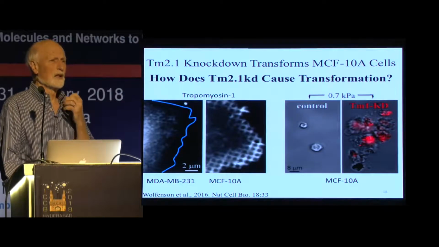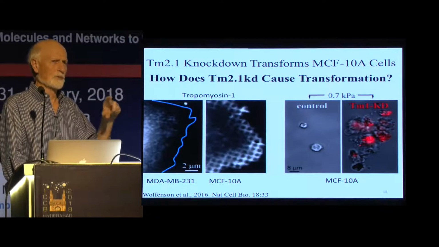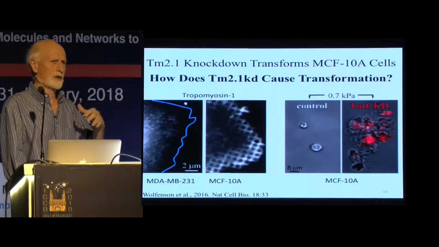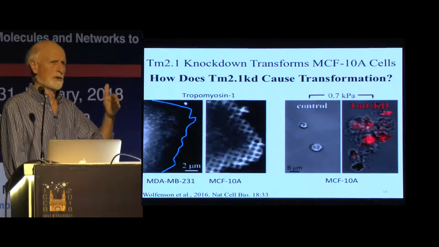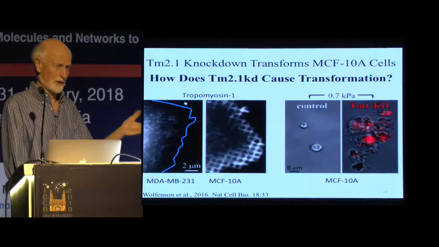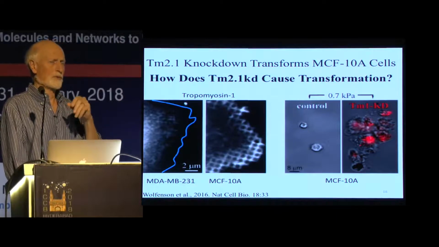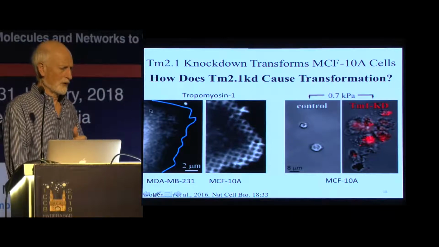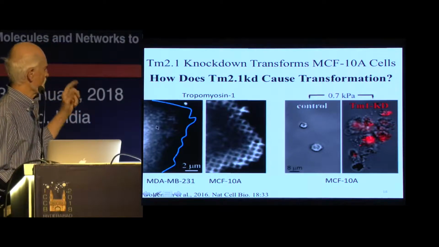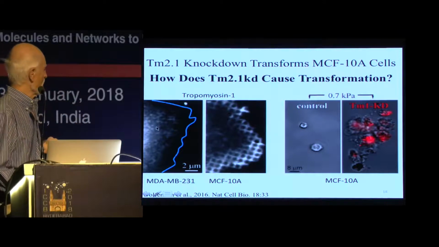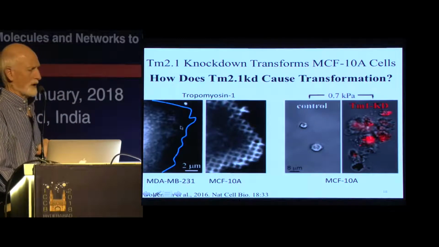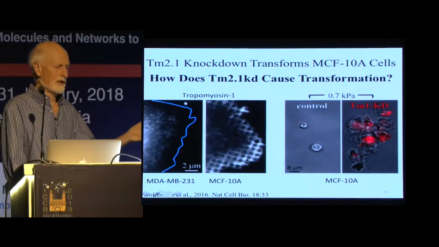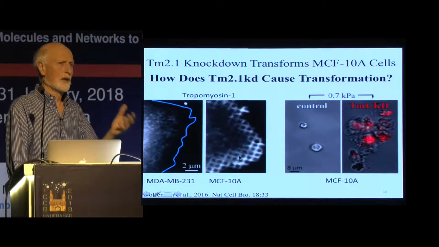They had correlated this tropomyosin in particular with cancer and showed that in virtually all the major cancers looked at, this tropomyosin was missing or downregulated. And sure enough, we take MDA-MB-231s, the human breast cancer line, and they miss tropomyosin 1 at the edge. The controls, MCF10As, have it there.